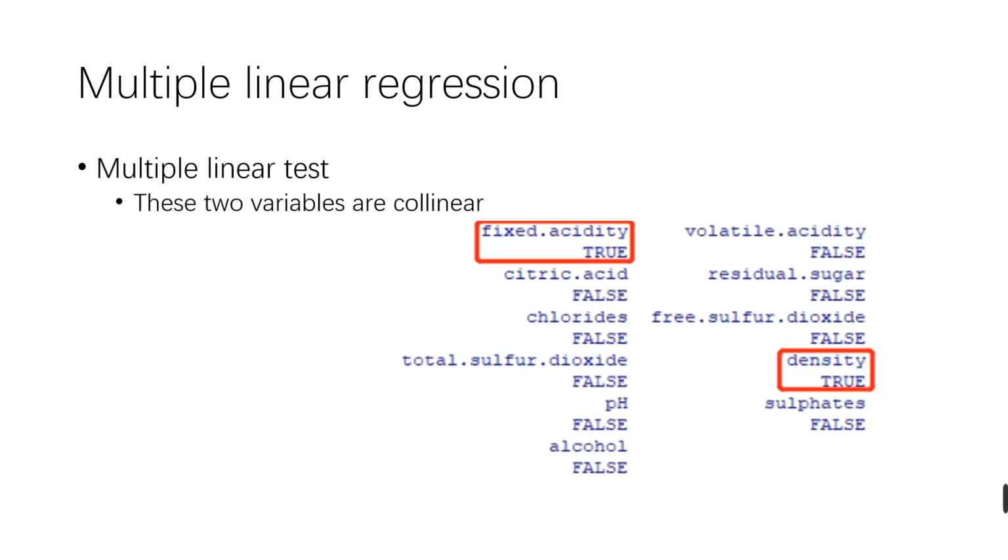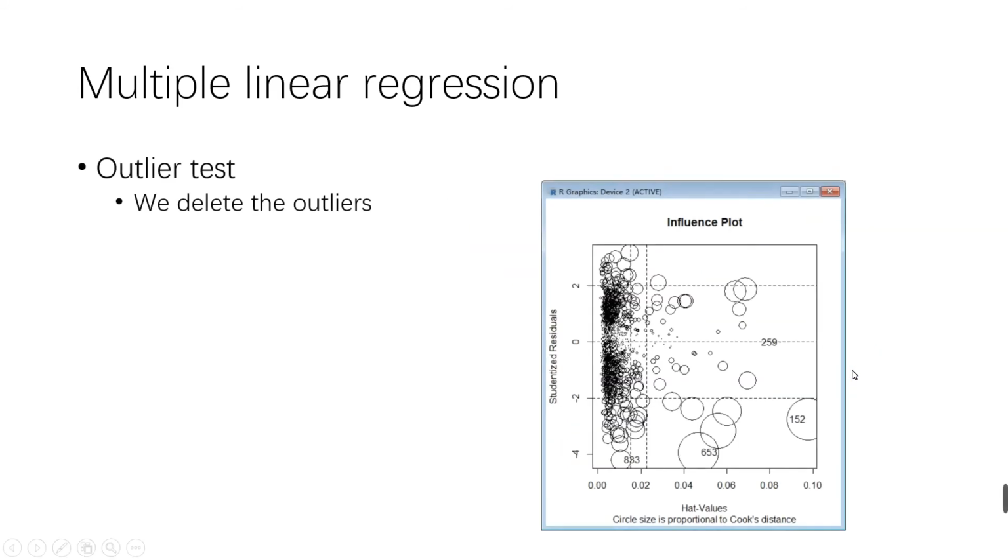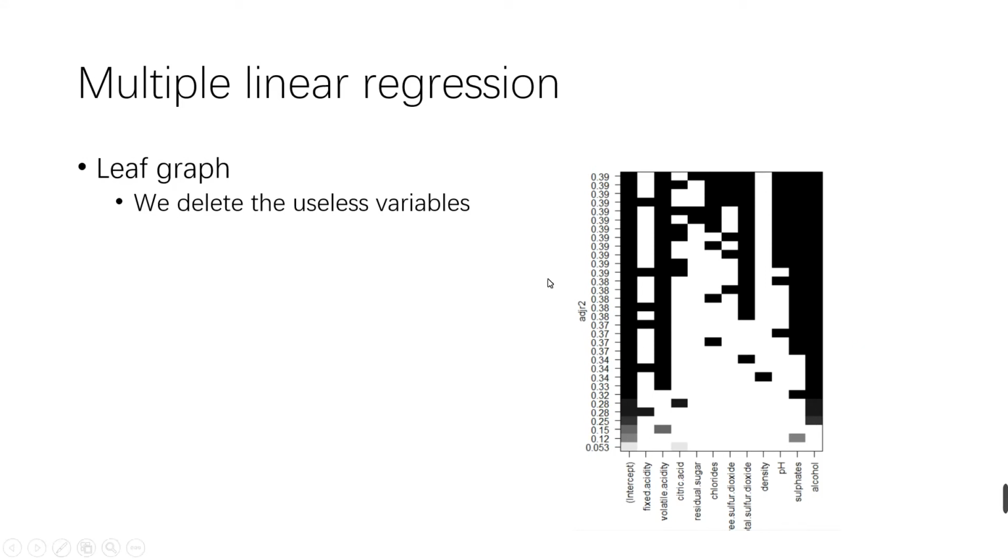And then there is the multicollinearity test. It shows there are two variables that are collinear. We will delete them later. And then the outlier test is very important. We show all the outliers and then we delete them. After we delete the outliers, we do the leaf graph.